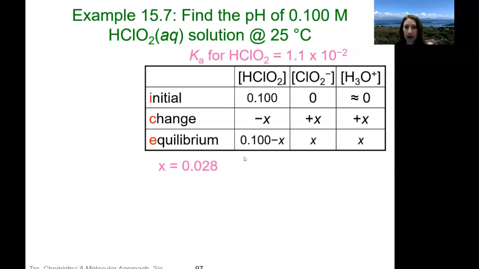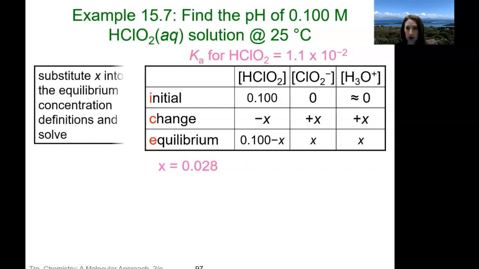Okay, so now if you did successive approximations, your answer should be very close to this. It might not be exact, but in the end, it will be close enough. So when we do this, our x was 0.028. So that means we're going to have 0.1 minus 0.028, and this is going to be 0.028, and this is going to be 0.028.